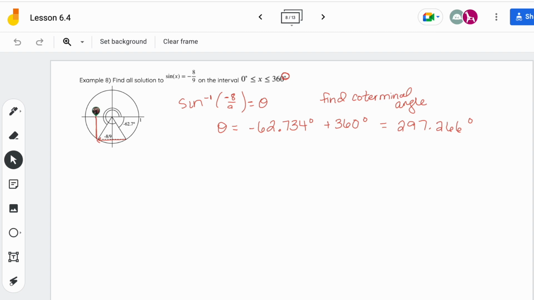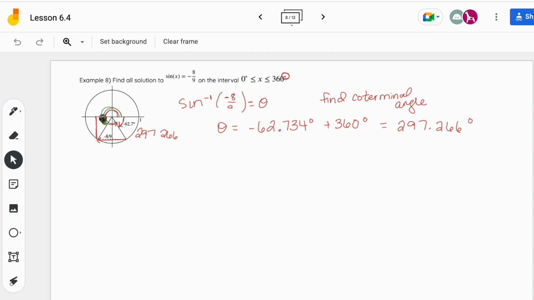I know that from here to here is -62.734 degrees, but I also know that is the same as the coterminal angle of 297.266 degrees.